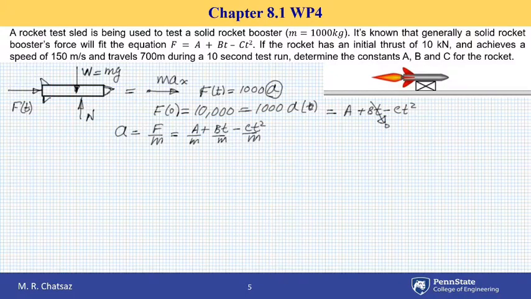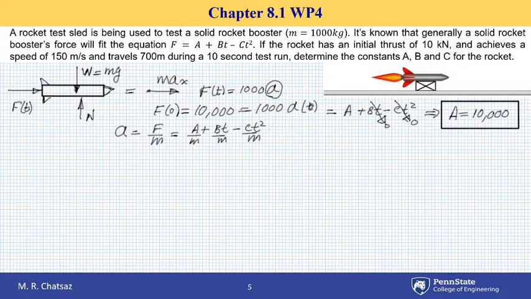When t equals 0, the initial propulsive force is 10 kilonewtons. Therefore, this constant capital A, not to be confused with lowercase a, which is acceleration, capital A turns out to be 10,000, sorry. So let's continue with the acceleration equation, lowercase a.